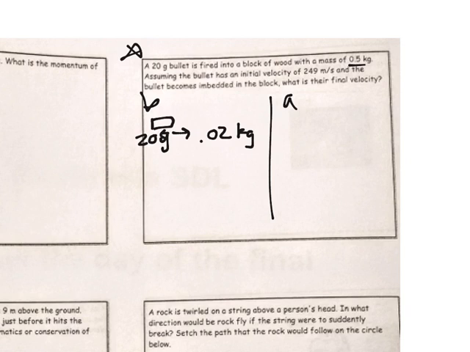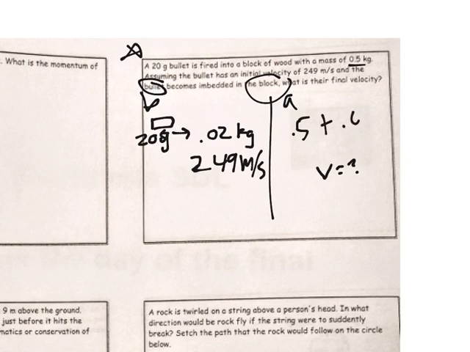And we know that its velocity here is 249 meters per second. We know that this has to be equal to the new block, and we want to know what the final velocity is. Remember, you have to add the bullet and the block because they are together. So it'd be 0.5 plus 0.02 is equal to 0.52 kilograms.